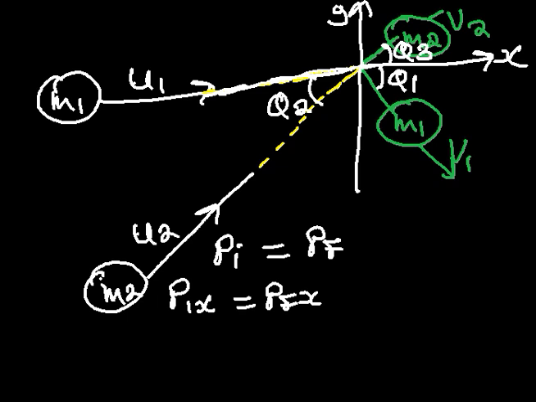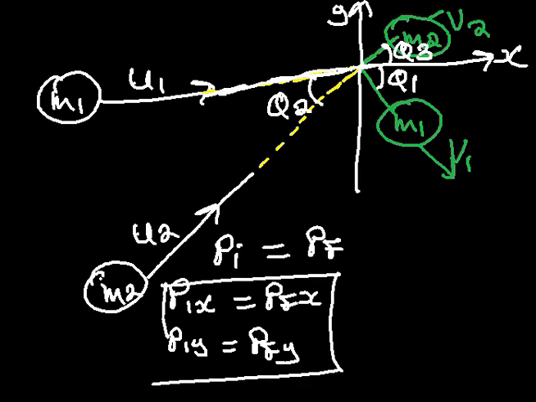On the same case, the initial momentum along y will be the same as the final momentum along y as well. Whenever the collision is in 2 dimensions, you should think about these 2 expressions.